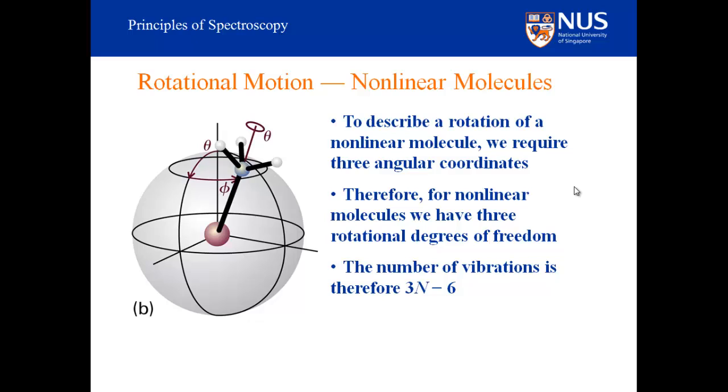This will be 3n minus 3 for the translations and minus 3 for the rotations. So overall, therefore, a nonlinear molecule has 3n minus 6 vibrations. This means that nonlinear systems have 1 fewer vibration than linear systems with the same number of atoms.